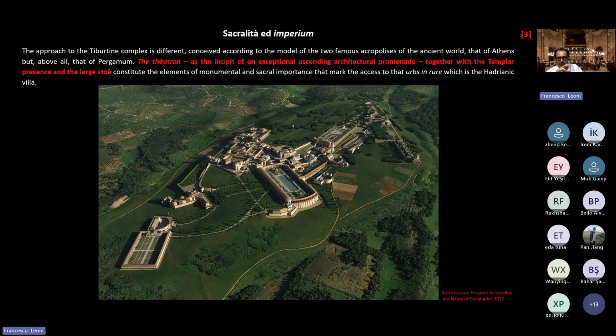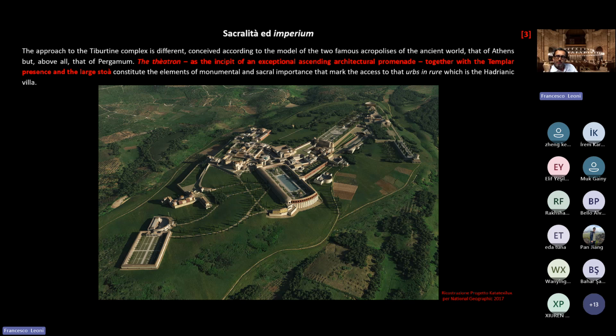In all of the cases, there's a theater as the starting point of the pathway that drives the people inside the settlement, and a big presence of temple elements and a large stoa that constitute the elements of monumental and secular importance that mark the access to the urbs in rure, which is the Hadrianic villa.